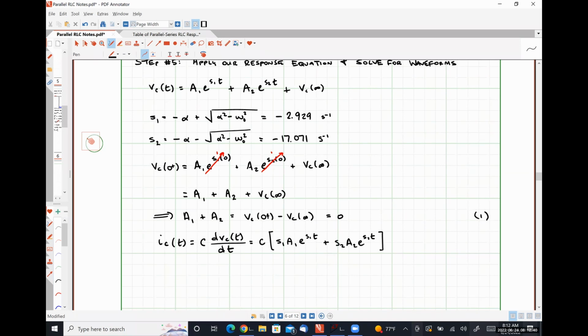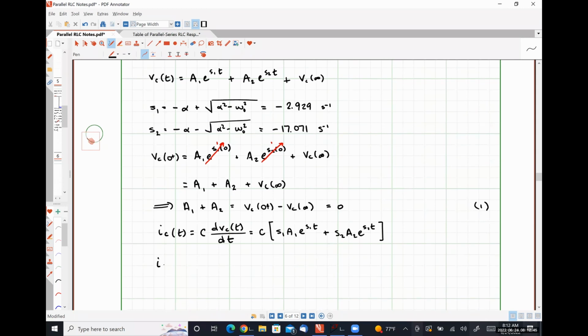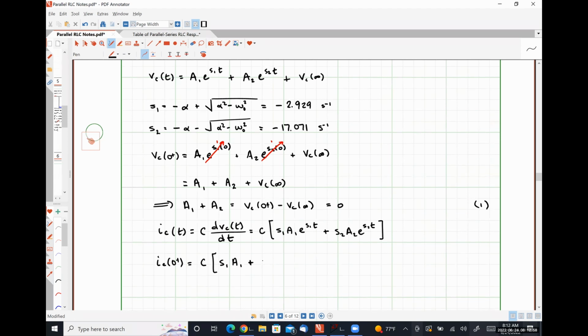Evaluate this expression at t is equal to 0 plus. We will have IC 0 plus is equal to C multiplied by S1 A1 plus S2 A2.